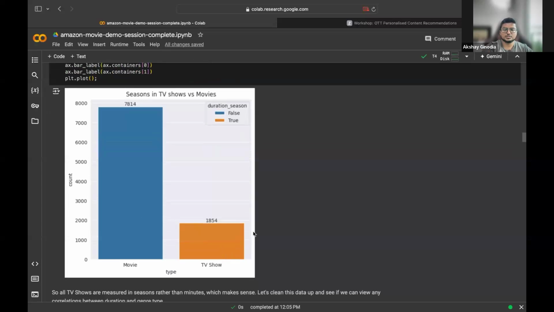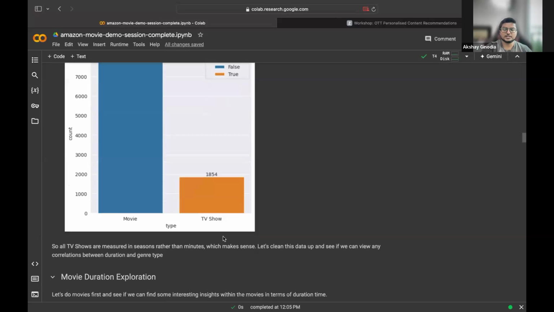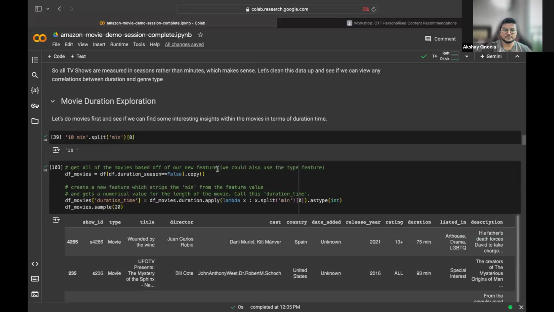This validates that it has worked correctly, because all the true values of season being present in the duration are for TV shows and false for movies. That means no season text is present in the duration of movies, and all the season text is present in the duration of TV shows. So that season thing is only for TV shows. This is what confirms it.